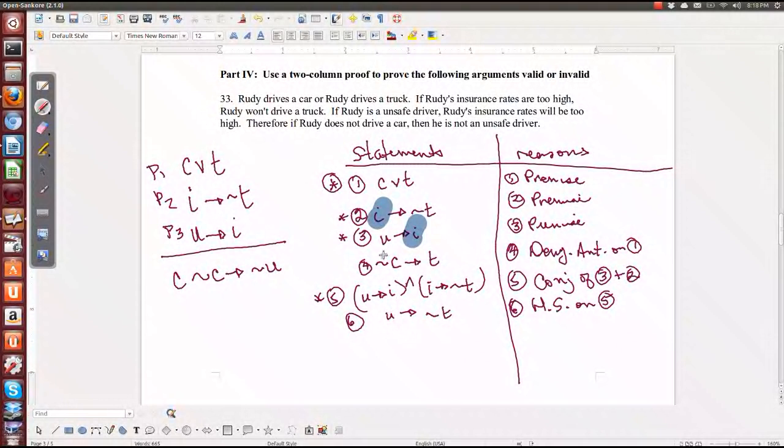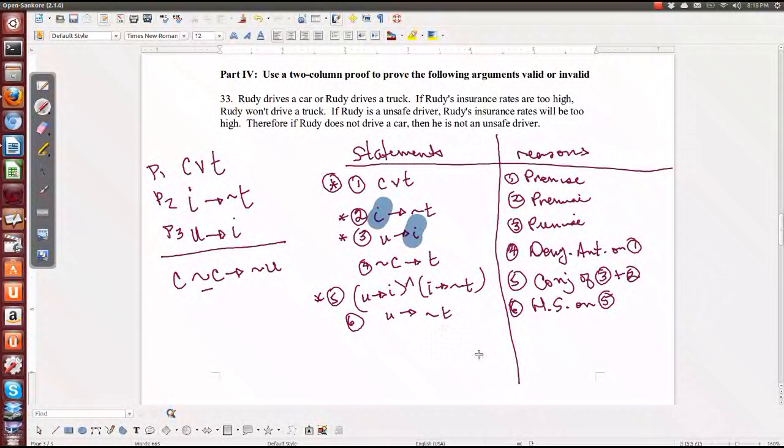And if I look at my other statement, negation C is already in the right spot. I really like that negation C being in front. So I need to change this so that the U is in the second term and it's a negated term.